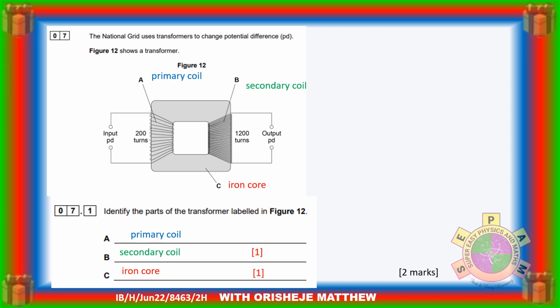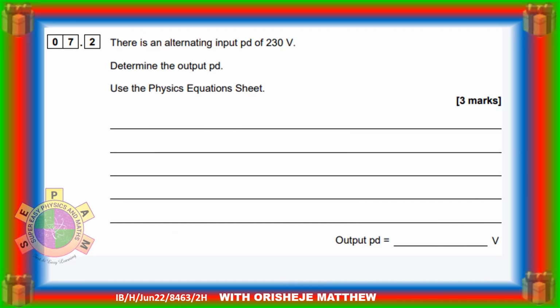Question 7.2. There is an alternating input. The input, the primary PD, is 230. Determine the output PD, which is the potential difference at the secondary coil.